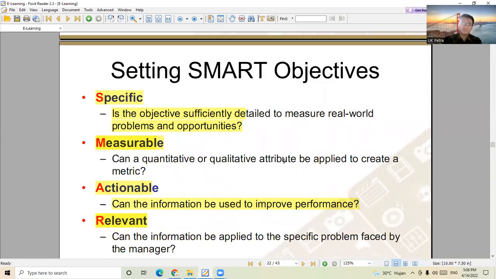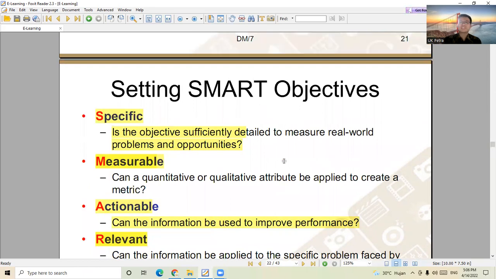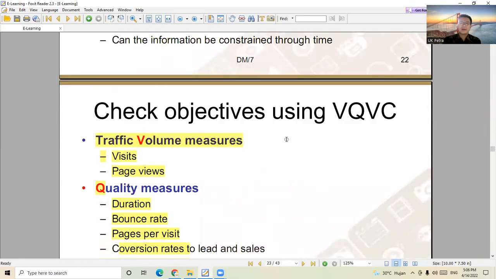It's a lot better if we check our objectives using SMART or VQVC, so that our objectives can be more measurable, or generally speaking become better objectives, because we consider a lot of things based on the best practices that digital marketing experts would suggest.